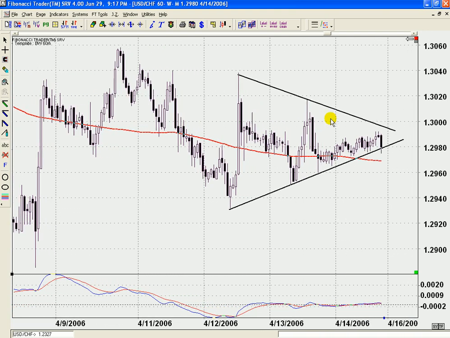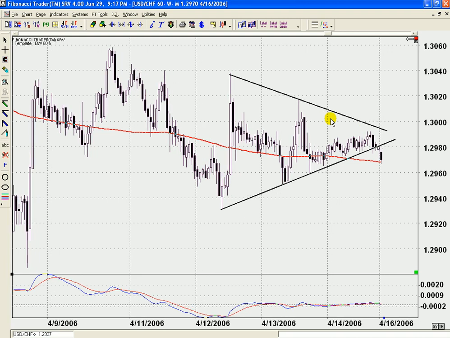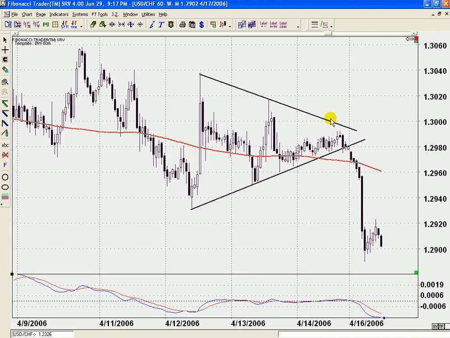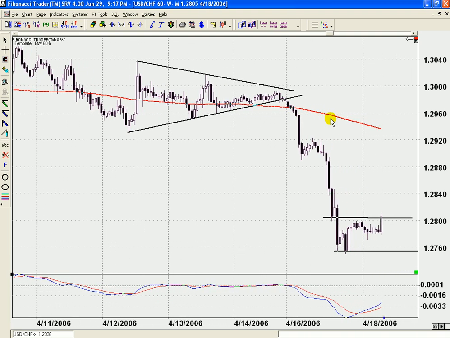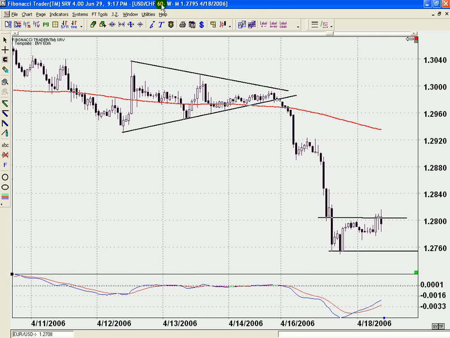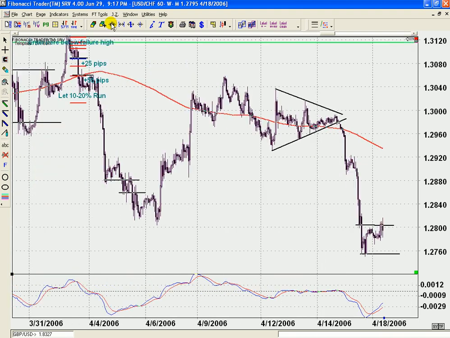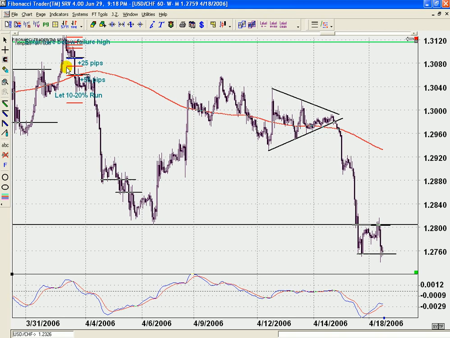Now we move into this pennant formation, and which way do you think it's going to break? 131.15 was our entry. Now we're below the swing low. This was our last swing low that we needed to move below. Here, we needed to get below that low at 128.00.